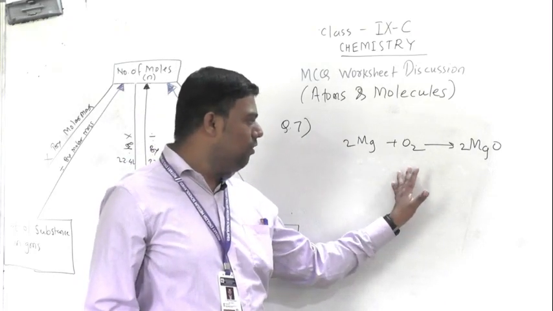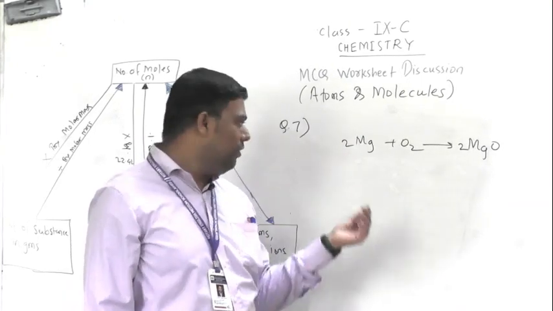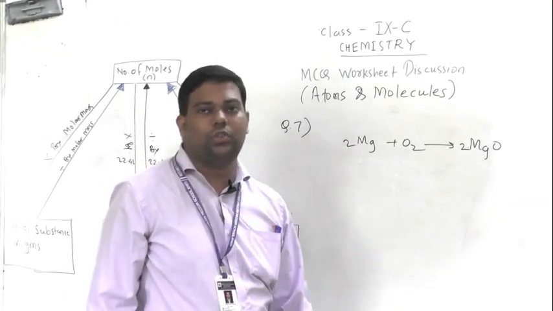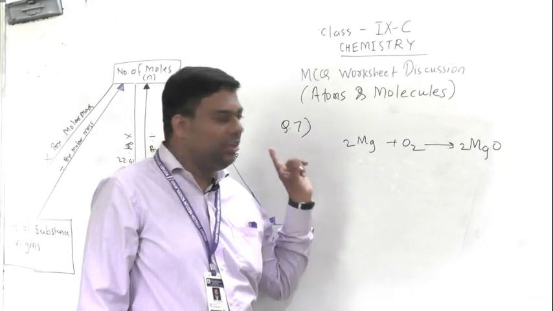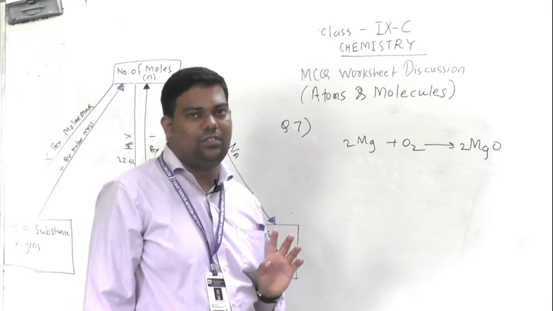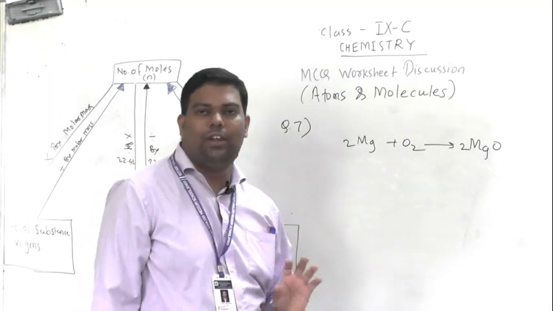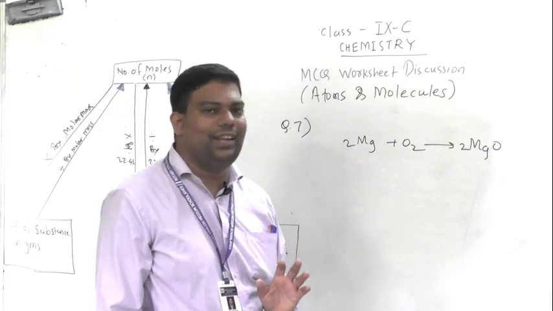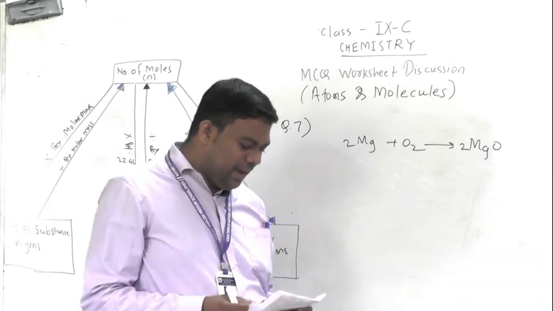So what is your first work? You must know the reaction, which is the reactant and the product, and you have to balance. It is your first duty to balance the reaction after writing all the chemical formulas correctly. Understood? So see, 96 grams.